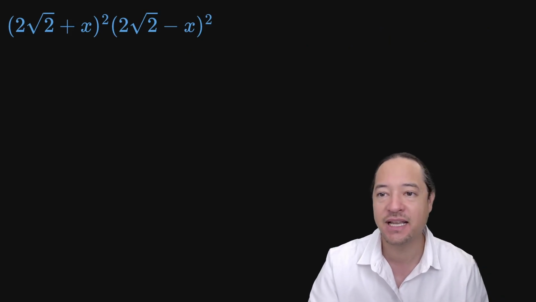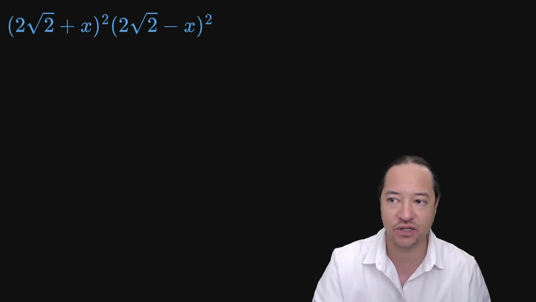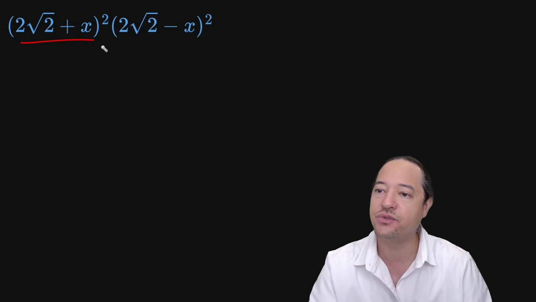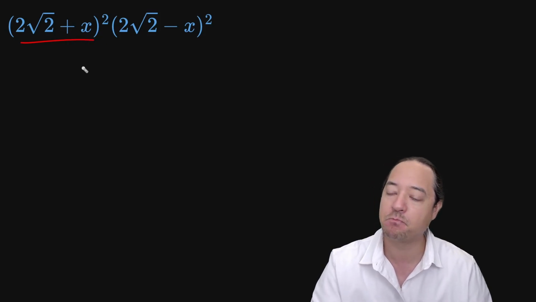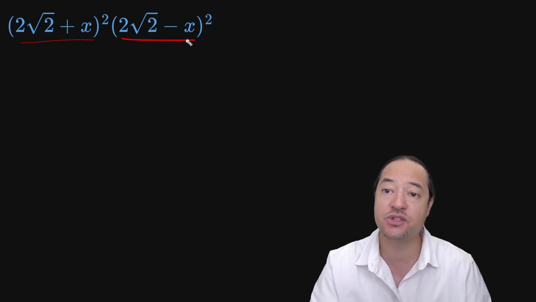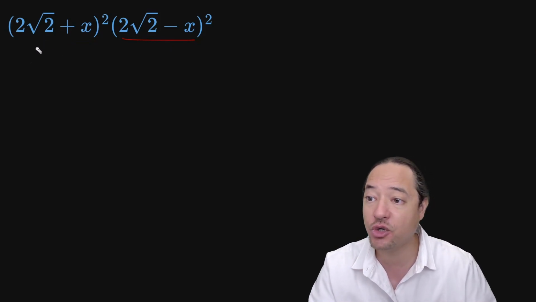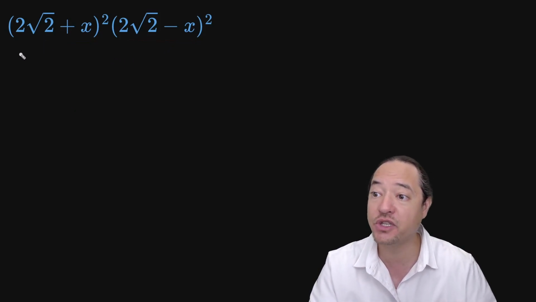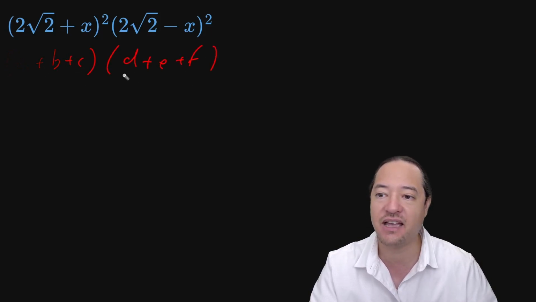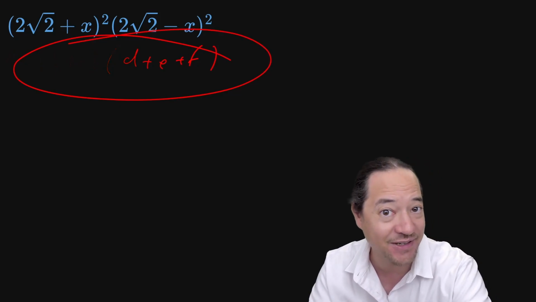This is the last one, and this one can look a little bit difficult. If you decide to do this square of a sum first and then do this square of a difference, you're going to get a trinomial here and another trinomial here. So you're going to have some kind of a plus b plus c multiplied by some d plus e plus f, and that's messy, okay?